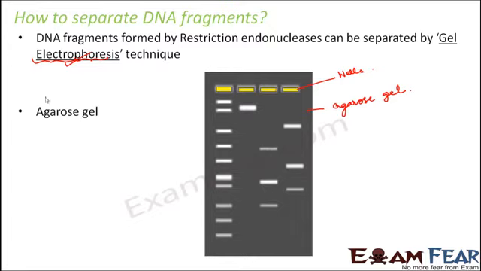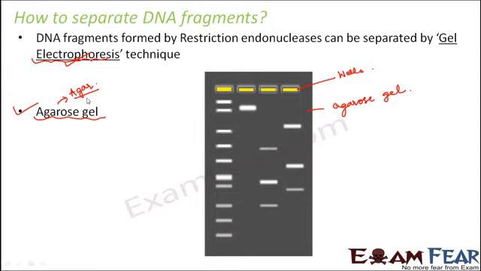So here one important component is agarose gel. So what is this agarose gel? Let us try to understand from where we get this agarose gel. This gel is made from a naturally existing polysaccharide which is normally extracted from seaweed. So it is made from agar, and that is why the name is agarose.